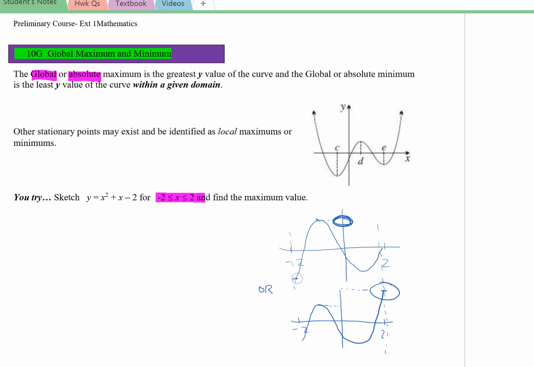You can see here back in this one, this would actually be the global min, because although this is a minimum point, at the extreme of -2, the y value here is more negative than the actual y value of the minimum point. I hope that makes sense. I'm just going to pause the video now and write up the solution to this question, and then come back and talk about it.